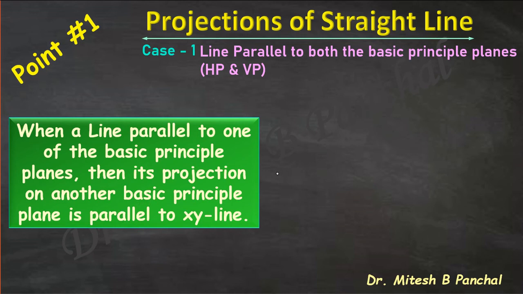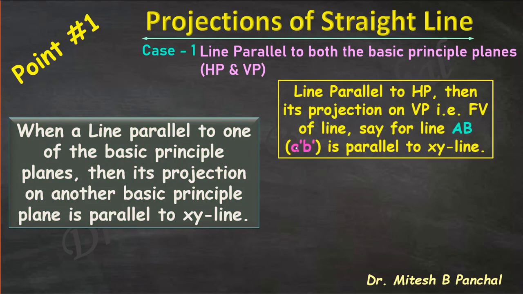Now to understand this, let's consider a line parallel to HP, then its projection on VP. What point number one says is, when a line is parallel to one of the basic principal planes, here HP, then its projection on another basic principal plane, that is the projection of the line on VP.